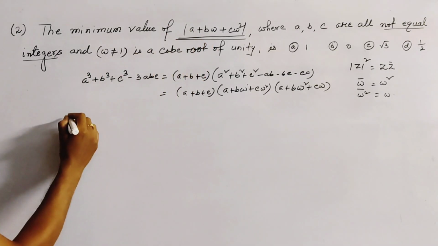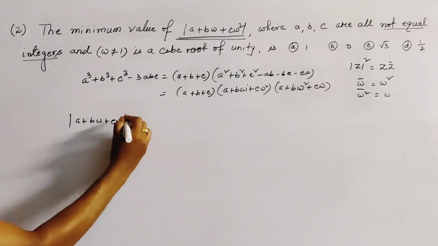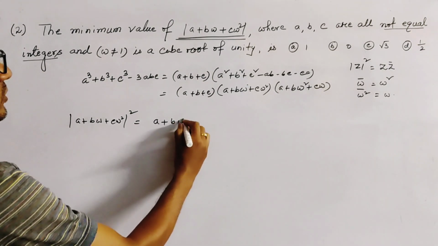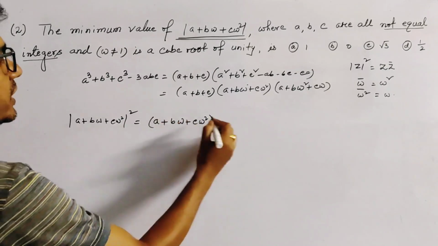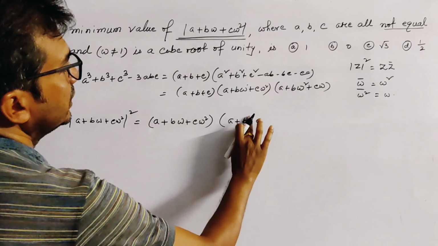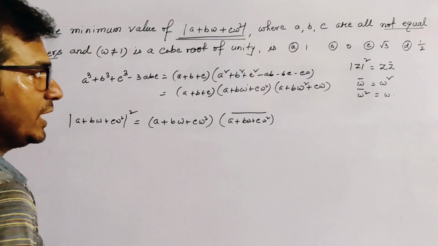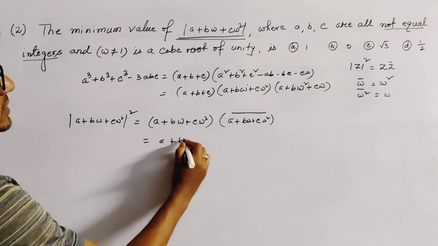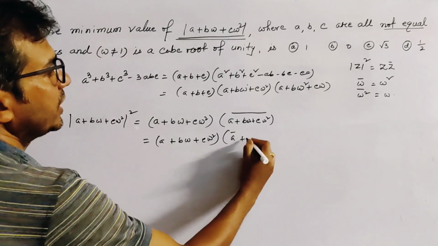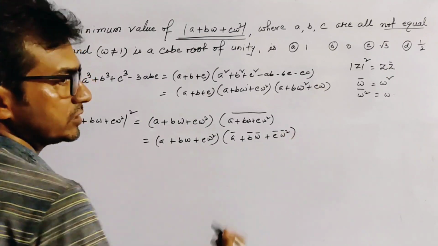Now we let (a plus b omega plus c omega square) whole square equal (a plus b omega plus c omega square) into (a plus b omega plus c omega square) whole bar. And we know that this is (a plus b omega plus c omega square) into (a bar plus b bar omega bar plus c bar omega square bar).